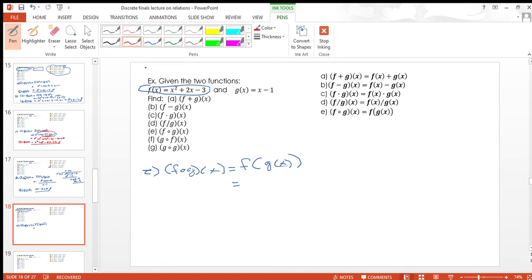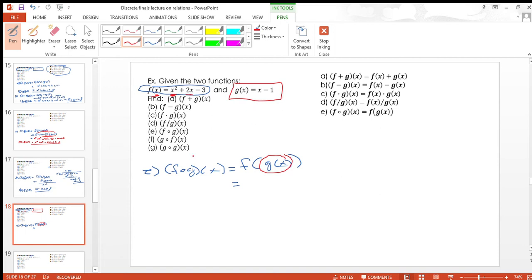So what we will do is, since this is f of x, each value of x, di ba? Gagawin kasi natin magiging f of g of x. So, instead of having f of x, we will now be having f of g of x. And g of x is x minus 1. So, ang mangyayari, bawat x natin sa f of x, magiging g of x.